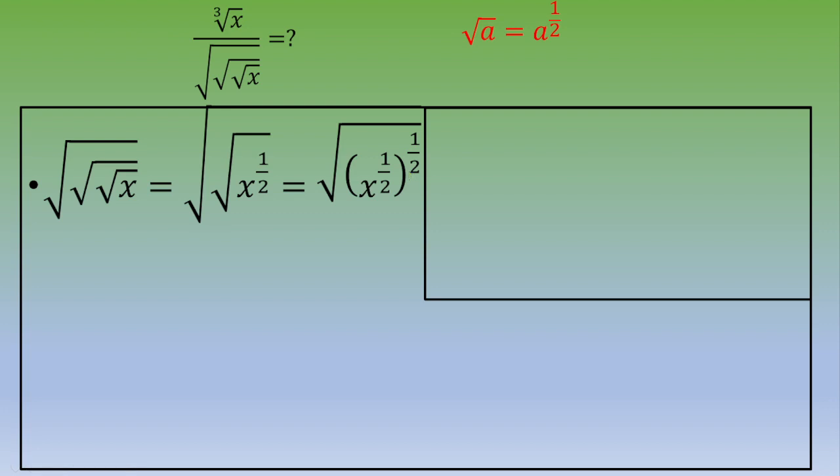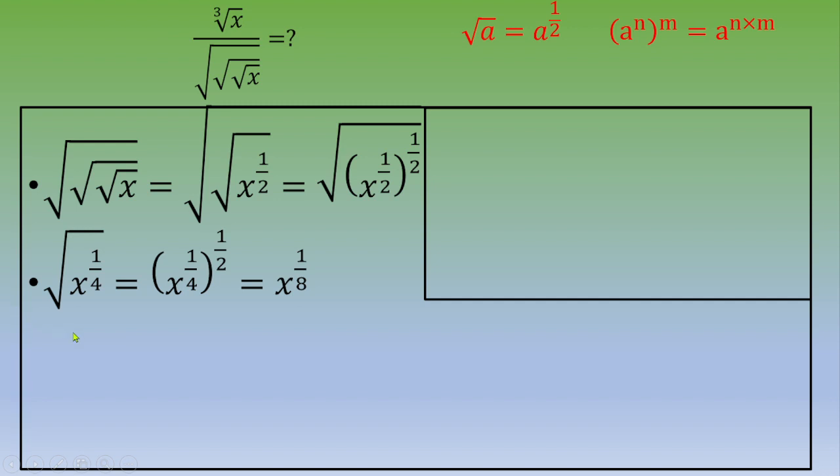And now, thanks to this power rule, a power m, all power n, is a power m times n. So if you multiply 1 over 2 times 1 over 2, you will obtain 1/4.